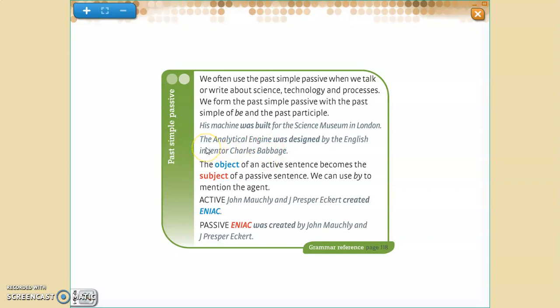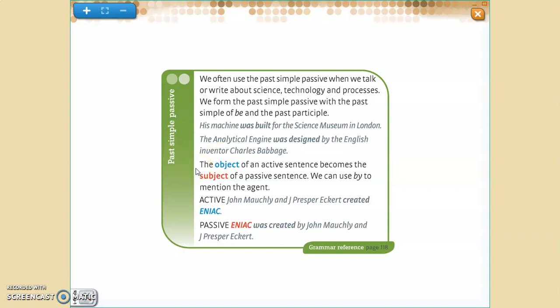In this case, we shift the attention from Charles Babbage to the analytical engine. And we say that the analytical engine was designed by the English inventor Charles Babbage.